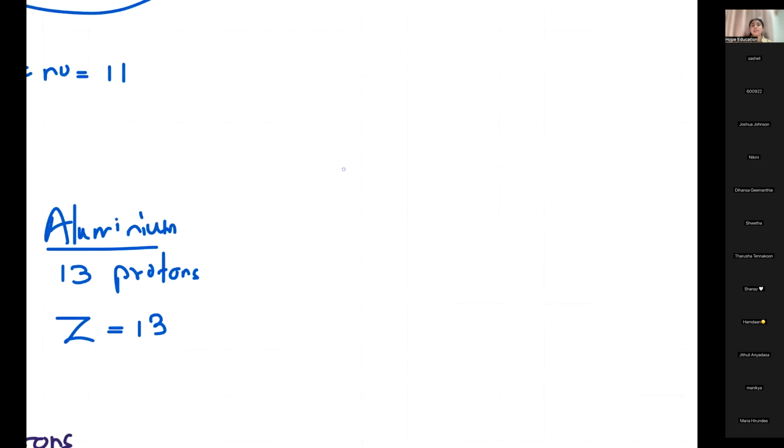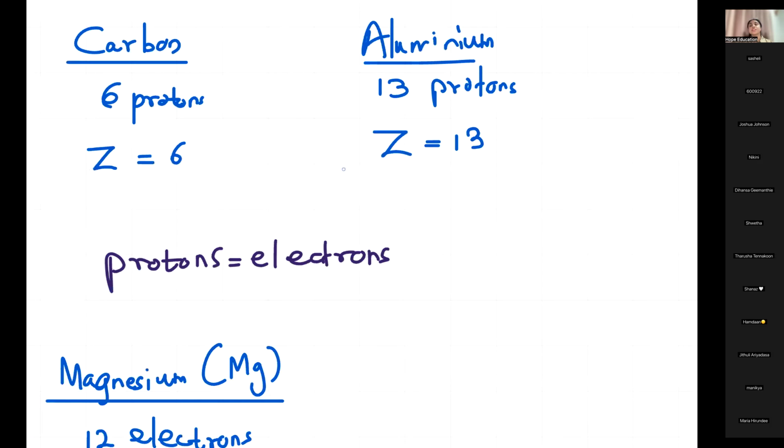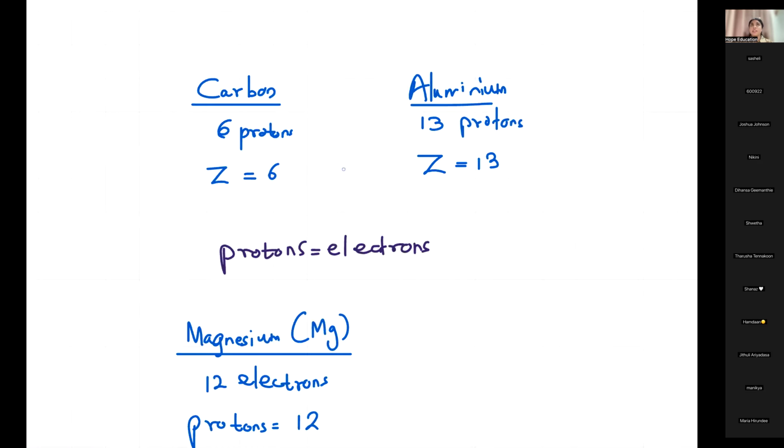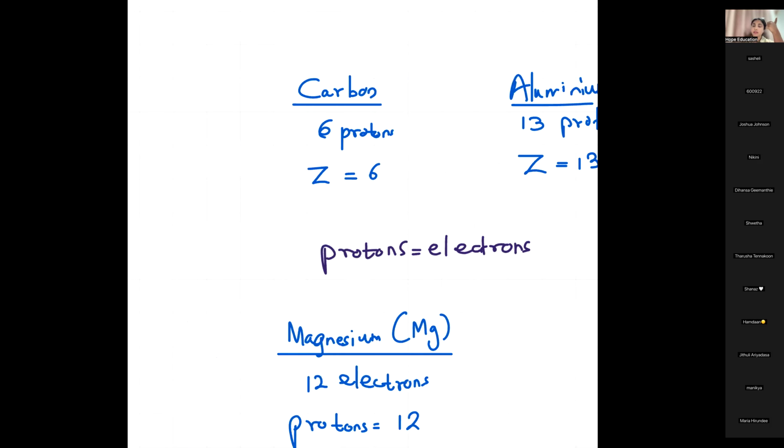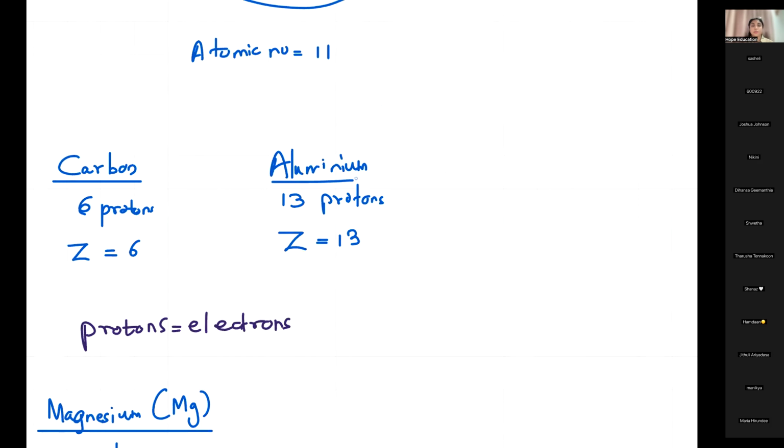So just like that, atomic number by definition is the number of protons. But if a particular atom does not have a charge, the number of protons and the number of electrons are equal. Okay? Is that clear? Give me a thumbs up, please. Teacher, can you explain again? Yes. So the atomic number is the number of protons, right?